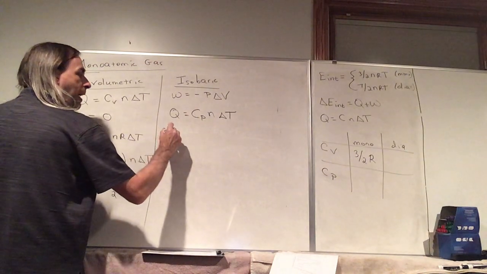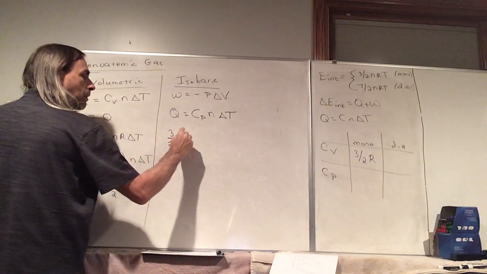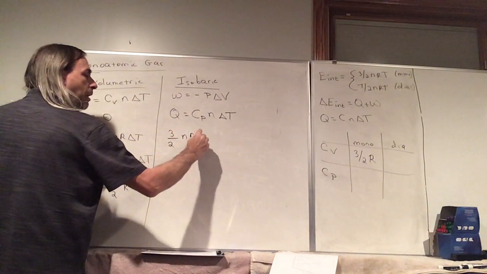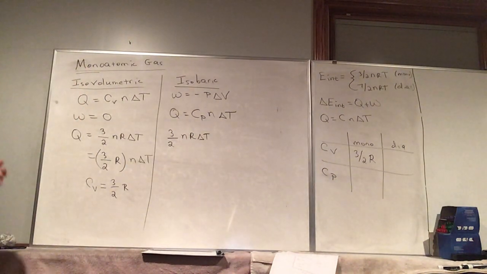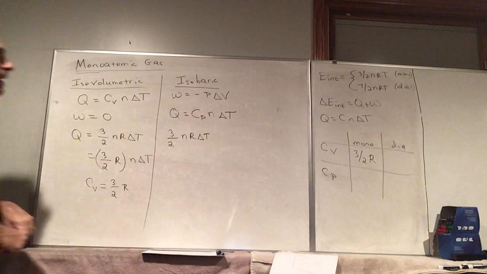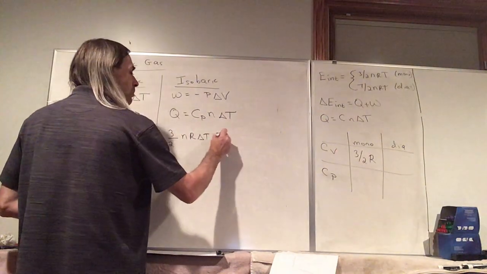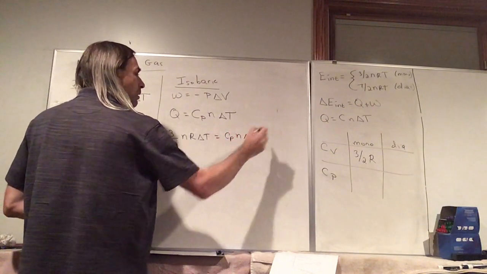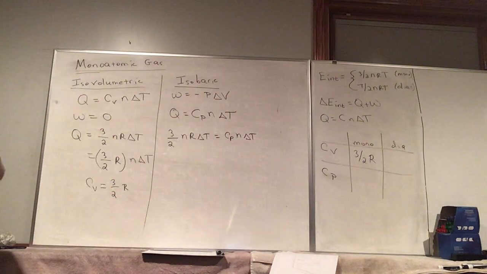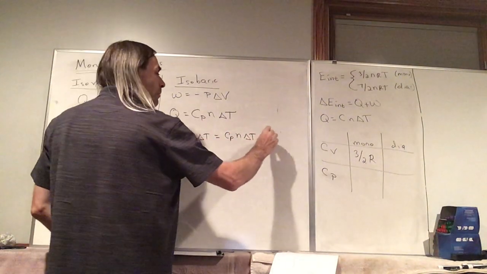So we'd have 3/2 nR delta T. That's delta E. And that is equal to Q plus work, which is minus P delta V.